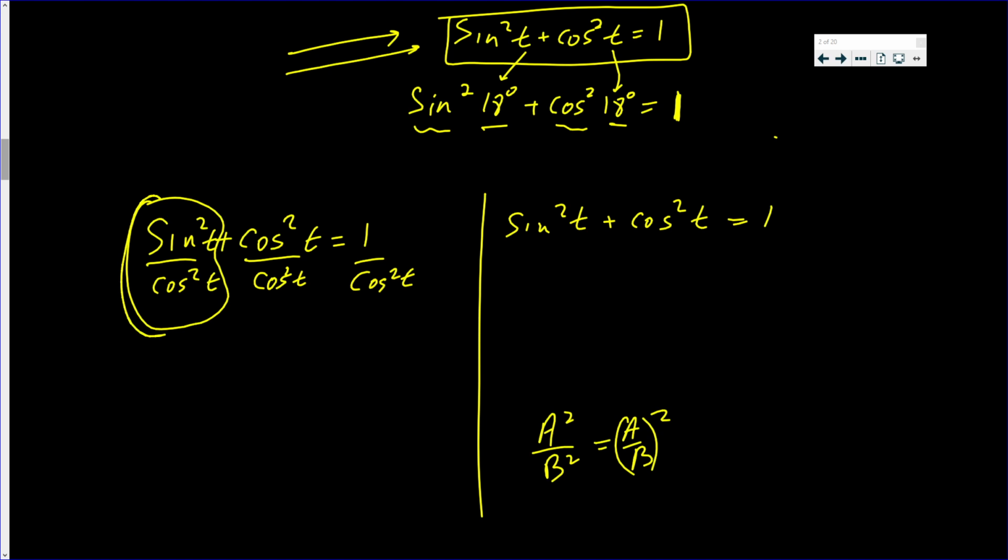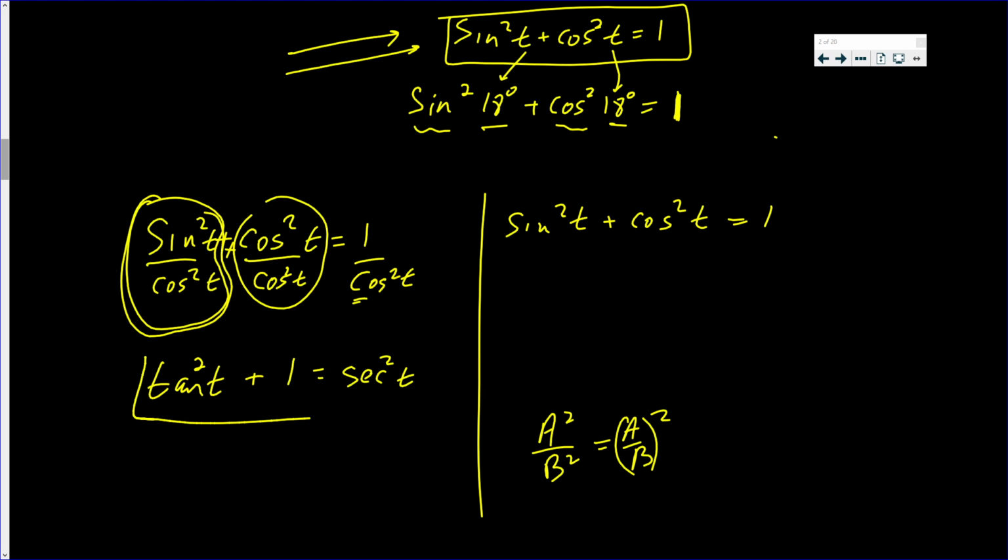So here we have sine t over cosine t, which is tangent t squared, plus 1. And 1 over cosine, that starts with c, we're going to get the secant of t squared. That's one formula.